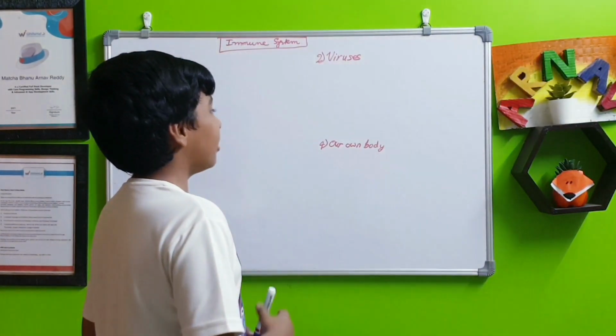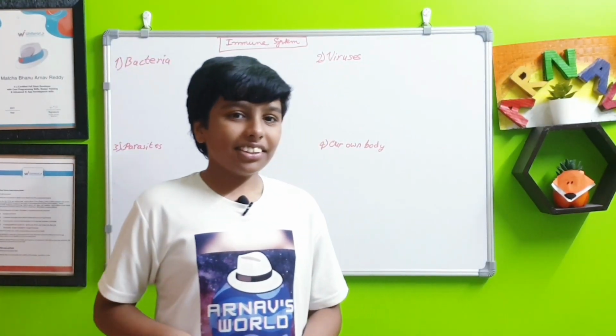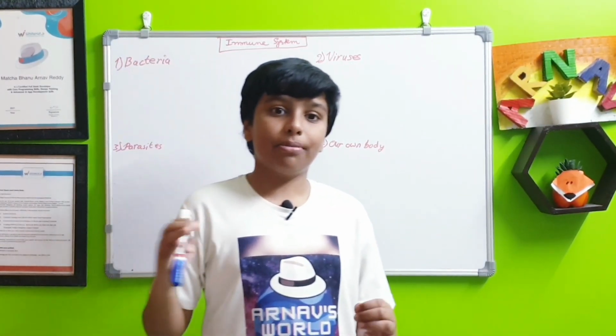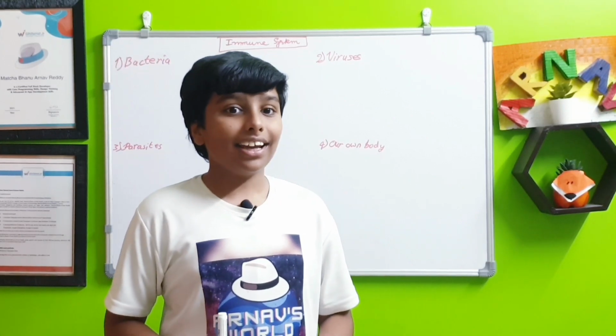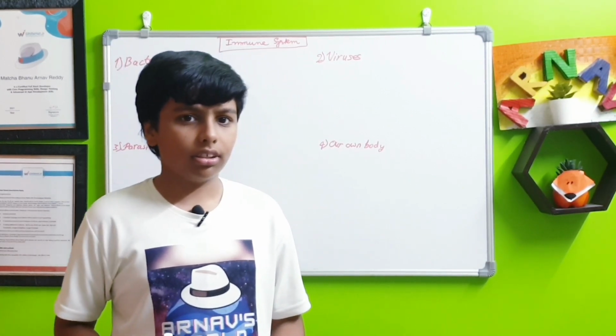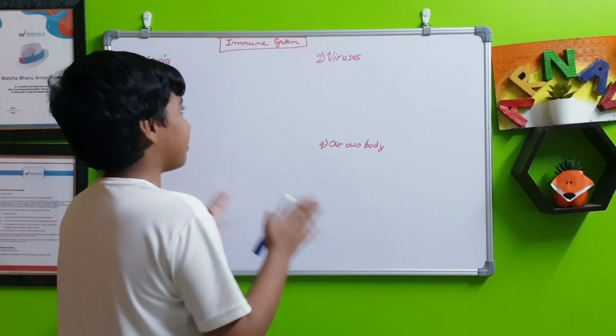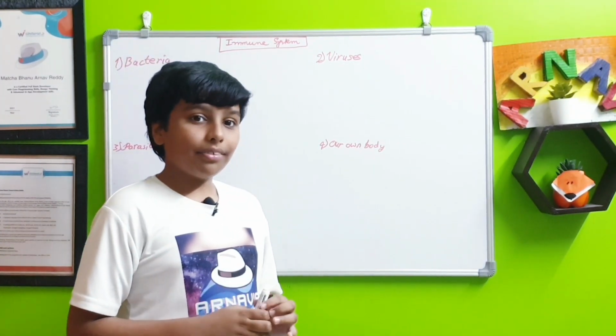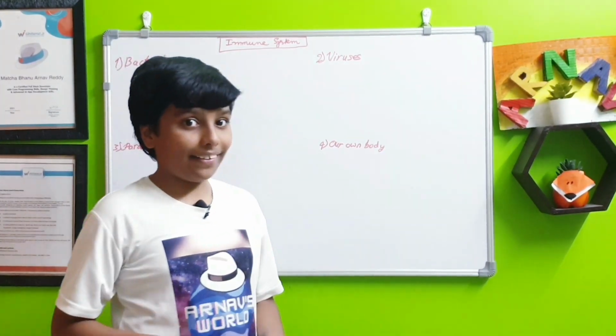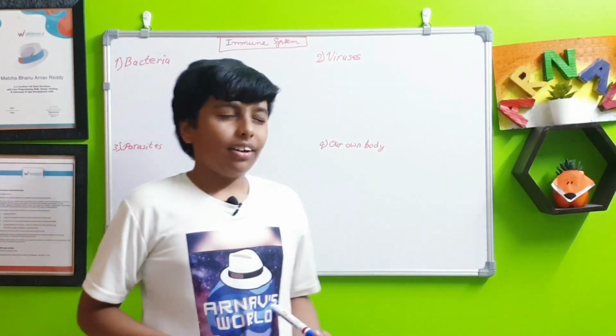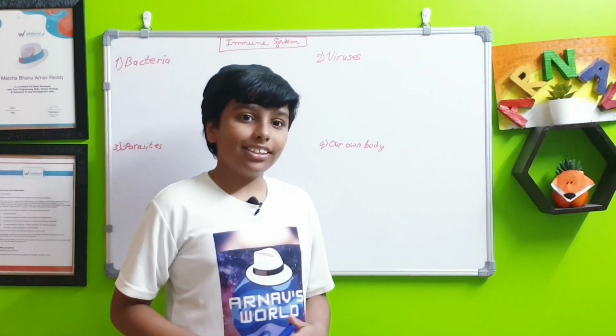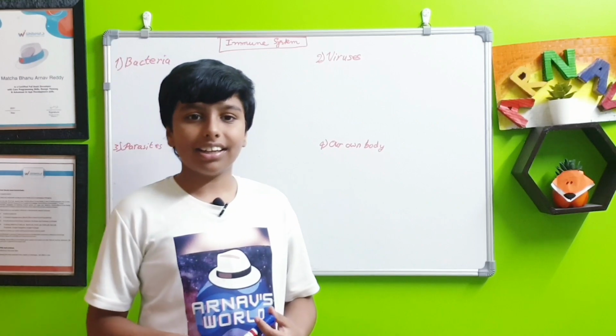So next is about viruses. Even if viruses enter our body in the same way as bacteria, they have a completely different objective. The main differences from bacteria are, first, viruses are much smaller than bacteria. And viruses are non-living things, while bacteria are living things.